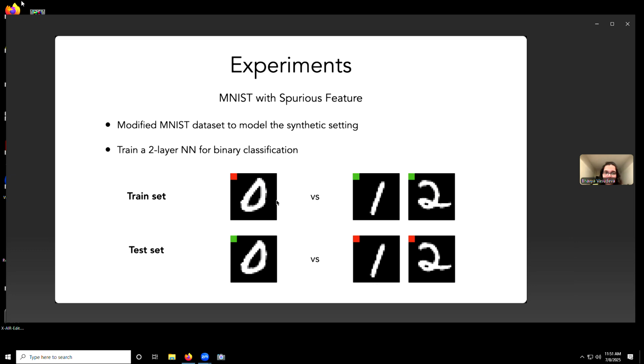So the train set has one class as digit 0 images with a red colored patch as a spurious feature, and another class contains digit 1 or digit 2 images with a green colored patch. And in the test set, we flip the color patch to evaluate if the model relies on the color or the digit feature.